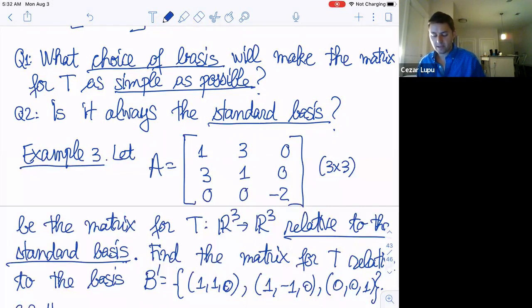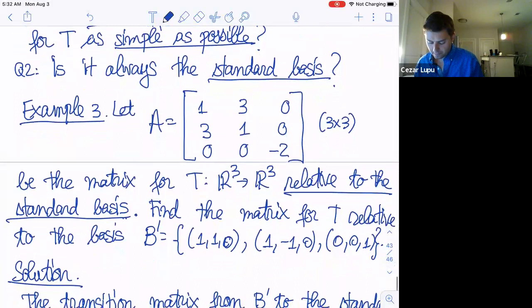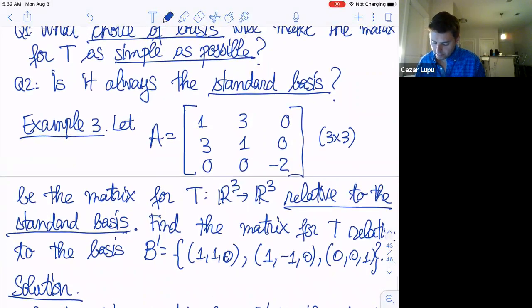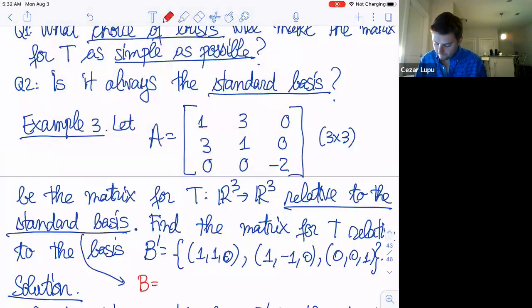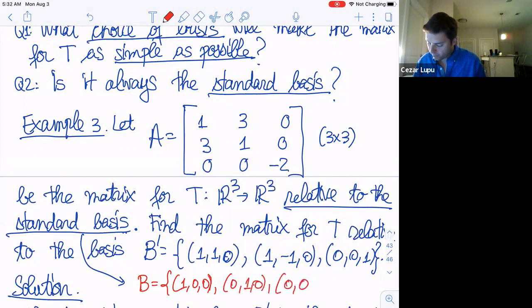We all know how the standard basis looks, right? When I say standard basis in R3, I mean these vectors: 1, 0, 0, 0, 1, 0, and 0, 0, 1. So that's what I mean by the standard basis. Keep that in mind.